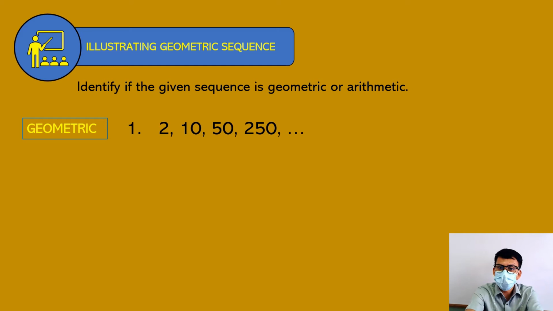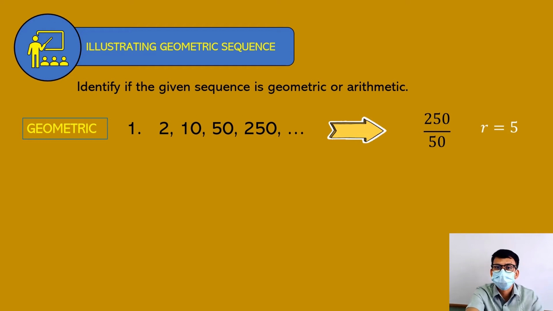We can obtain the next terms by multiplying 250 directly by the common ratio, which is 5. The common ratio is denoted by R, so when you see R, that refers to the common ratio.